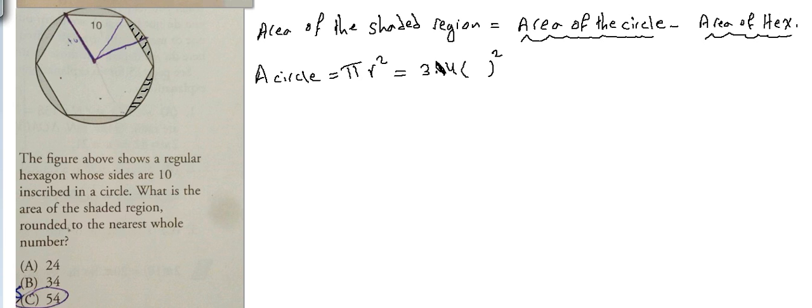We know that if we join the center of the circle to all the vertices of the regular hexagon, we will have radii, right?